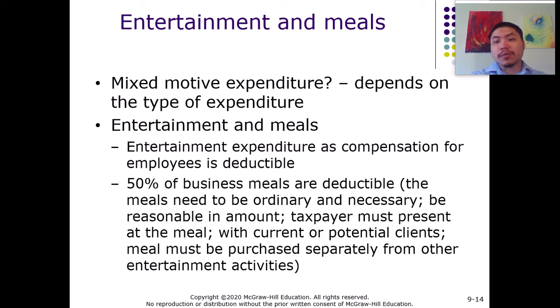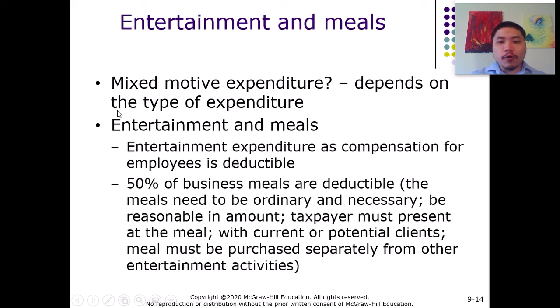But for the meals in the last 2 days, where he is only enjoying himself, he cannot deduct. That's pretty reasonable. However, even for business meals, there are some requirements the taxpayers have to meet to be able to deduct that 50%.